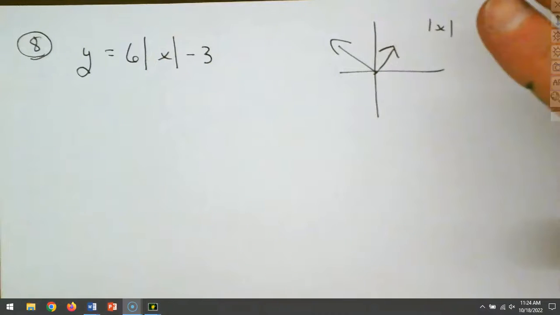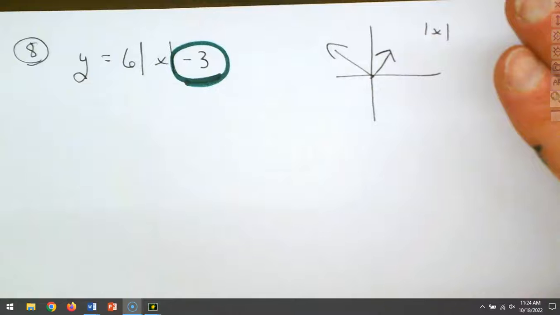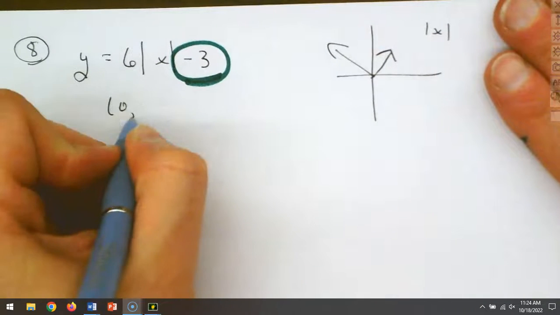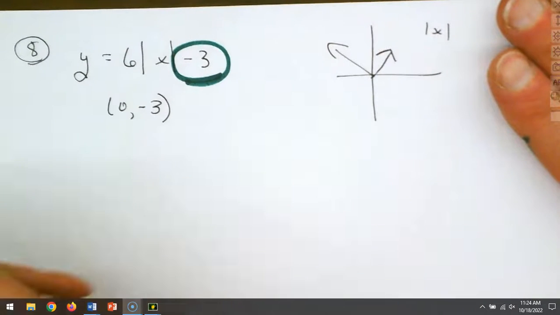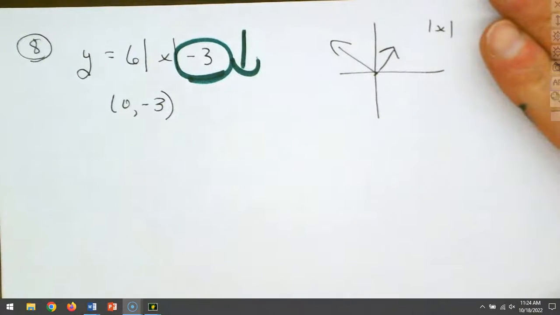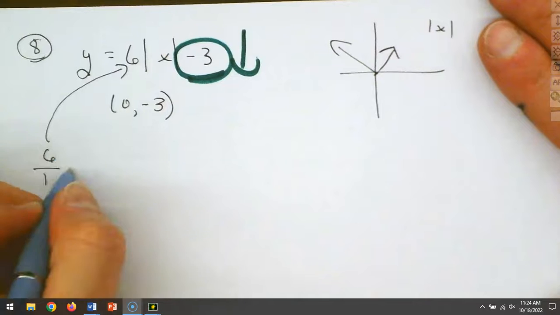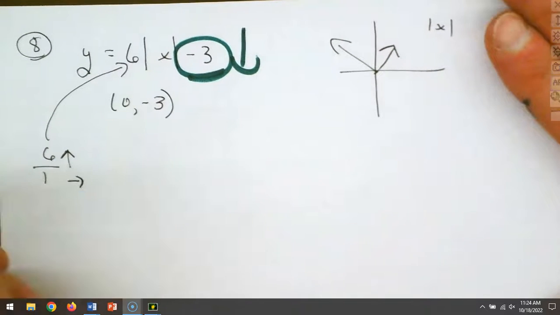Now, where do we begin? Watch the ordered pair. That's going to be at 0, comma, negative 3, because that negative 3, that's the down part. And then we've got a 6 over 1, don't we? So we're going to be going up 6 and over 1.